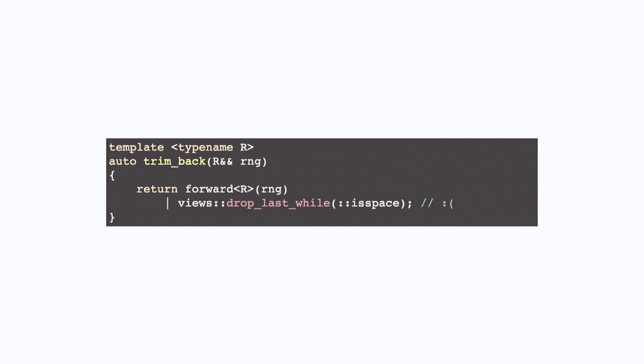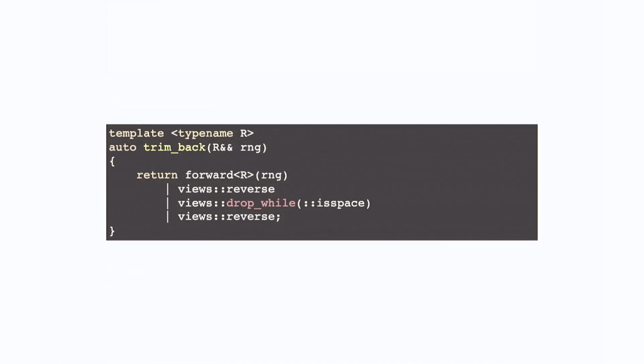Okay? So we can implement trim back by first calling views reverse, then calling views drop while, just as we did before in the forward case, and then reversing again so that everything's in the same order that we expect. So we can compose these three standard library adapters to do the operation that we want to do.